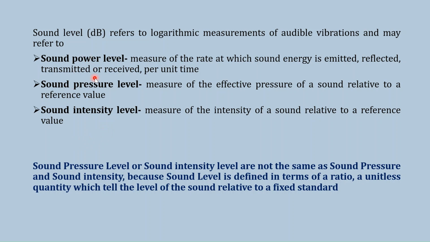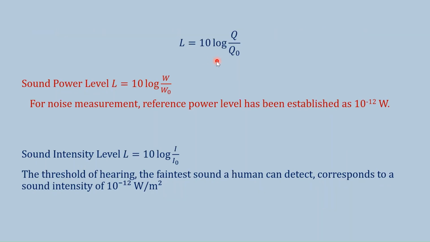These are different from sound intensity and sound pressure because sound level is defined in terms of a ratio and is a unitless quantity which tells the level of the sound relative to a fixed standard, and this fixed standard is the threshold of hearing. This is the basic equation to calculate the sound level.